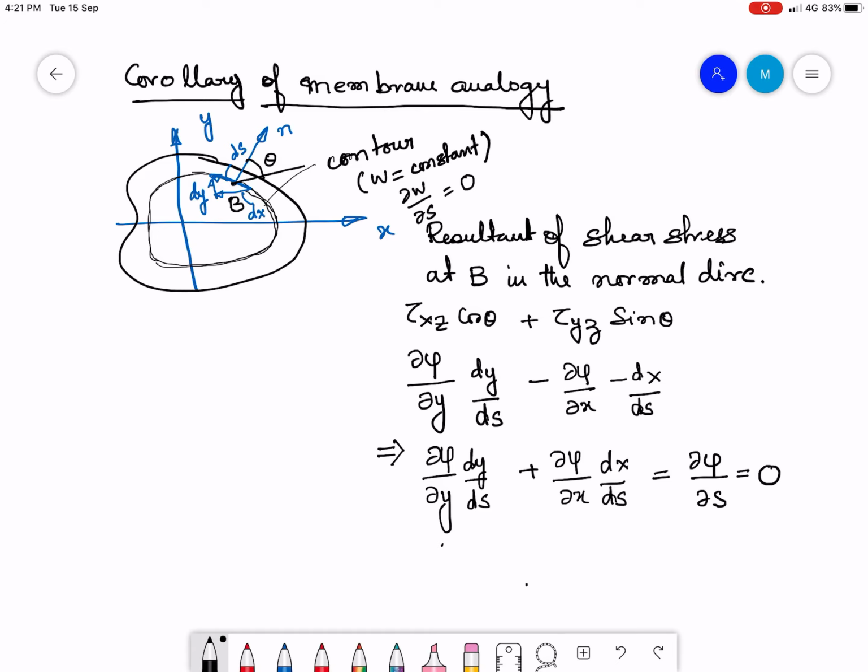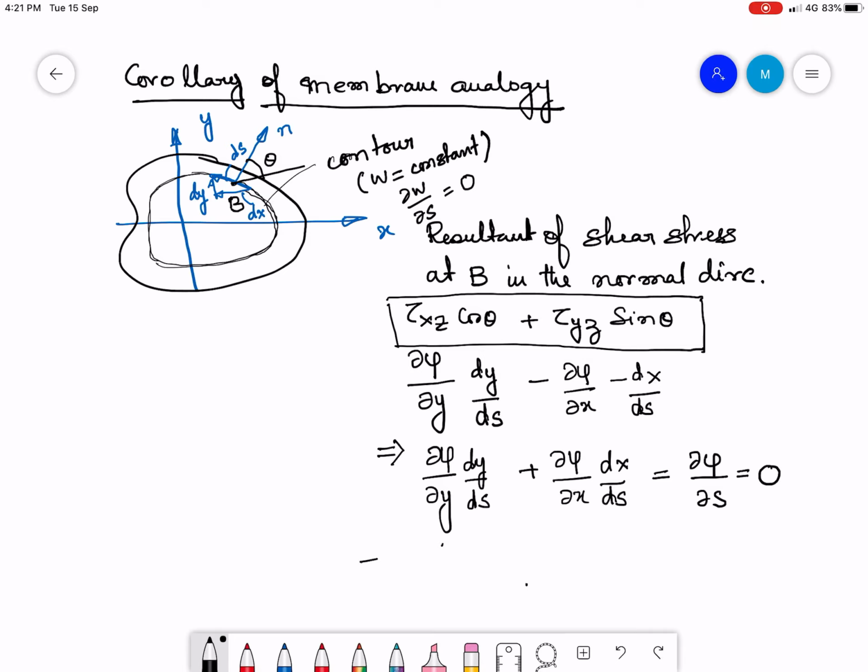So, what does this mean? If del phi by del s is equal to 0, that means that the resultant of shear stress at this point in the normal direction to the contour is going to be 0. Okay. So, let me just write it down.